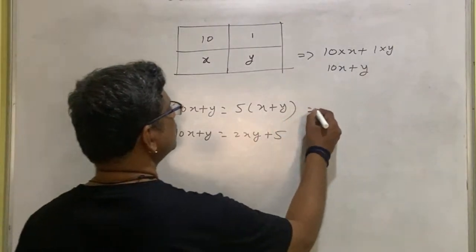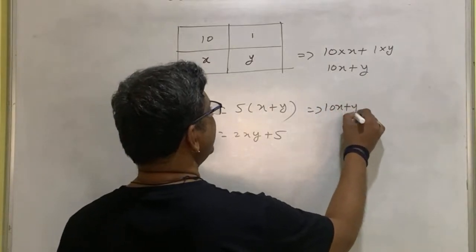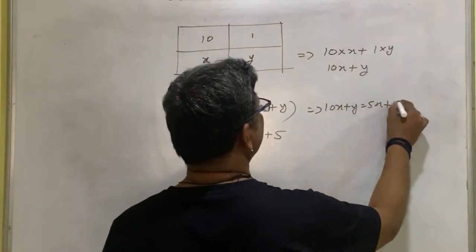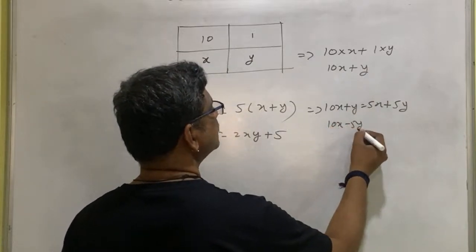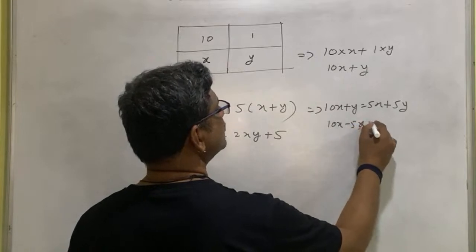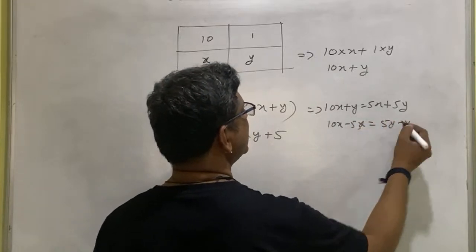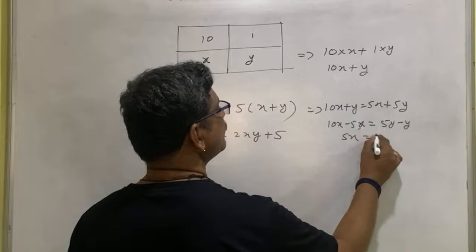From this, 10x plus y is equal to 5x plus 5y. So 10x minus 5x is equal to 5y minus y. So 5x is equal to 4y.